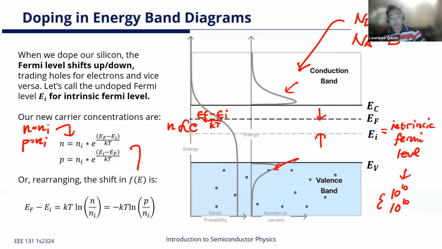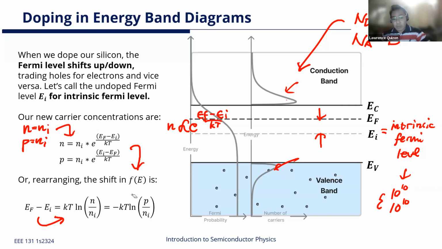Conversely, if you invert the equations, you find that the shift in the Fermi level can be derived as kT ln of the total number of electrons over Ni. And why do we represent it in terms of this? Because usually we know the number of total carrier electrons better than the shift in the Fermi level. We don't know the shift in the Fermi level yet.